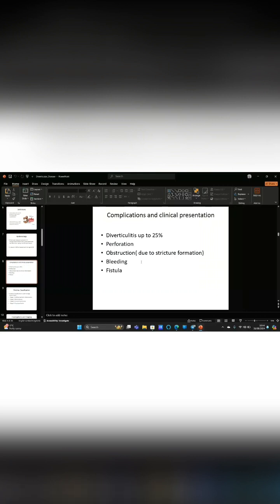If there is imbalance, that can lead to complications like diverticulitis. There is a role for the microbiota in all inflammatory bowel disease, and there is a role for that in the management of diverticular disease, because they found an association, and it has a role in preventing patients from developing recurrent episodes of acute diverticulitis or complicated diverticular disease. So the answer is yes, there is a role for that.